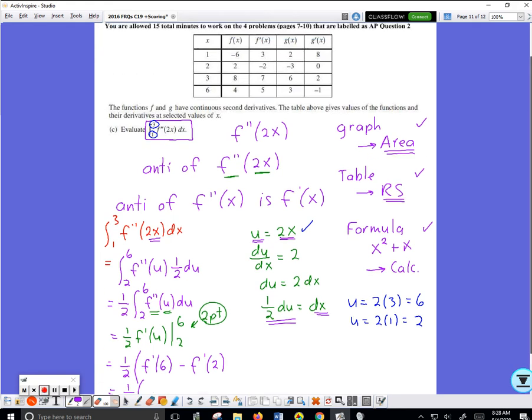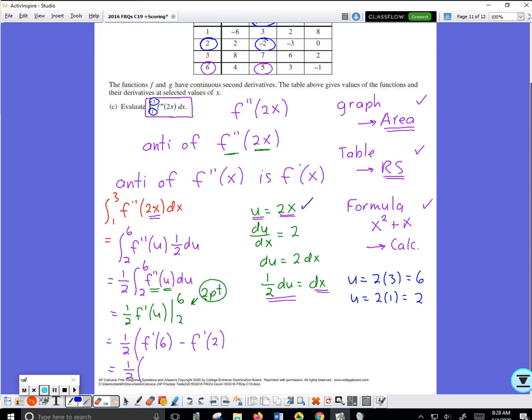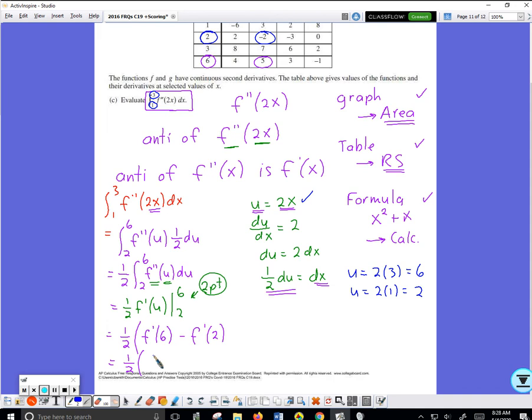F prime of 6 is 5. While we're here, f prime of 2 is -2. So it becomes 5 subtract -2.